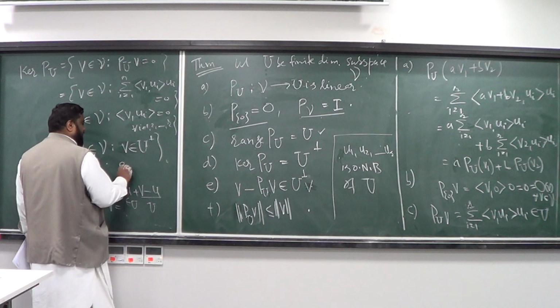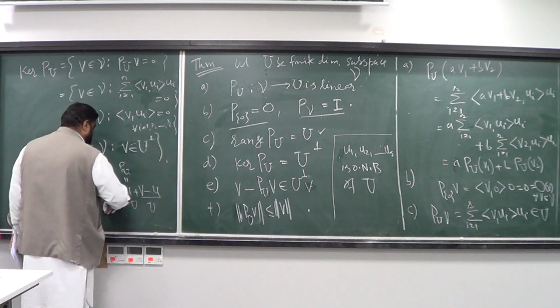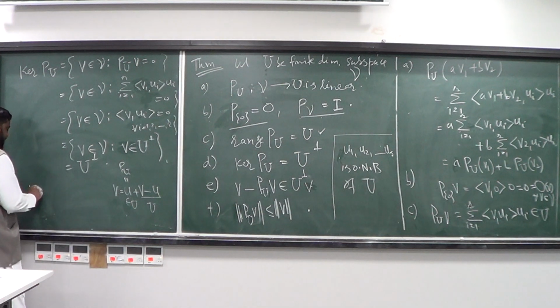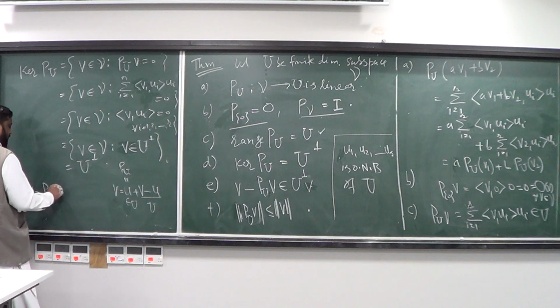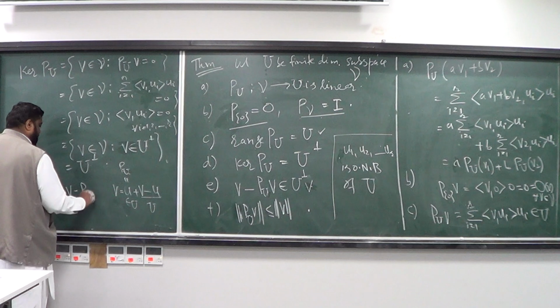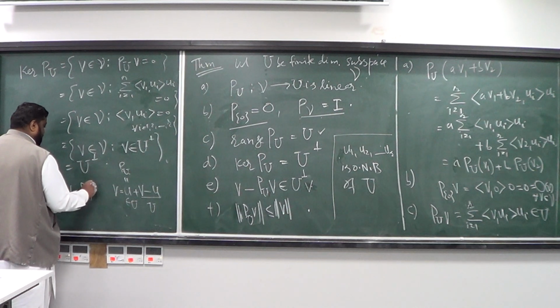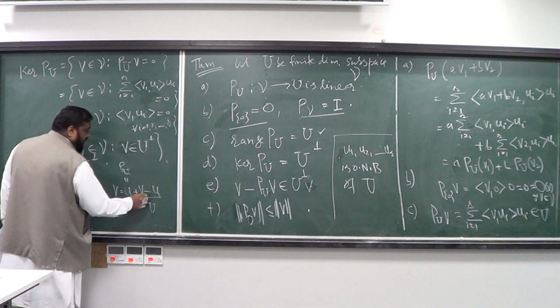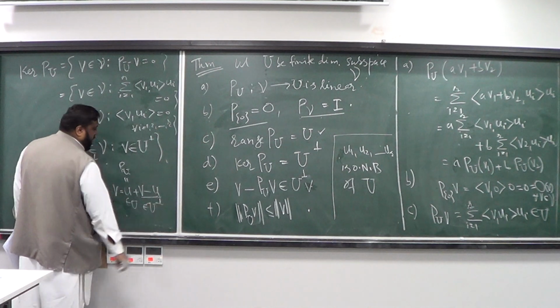From this representation you can write that every v is the orthogonal projection of v onto the subspace U plus v minus the orthogonal projection of v onto U. And we know that this belongs to U perp.